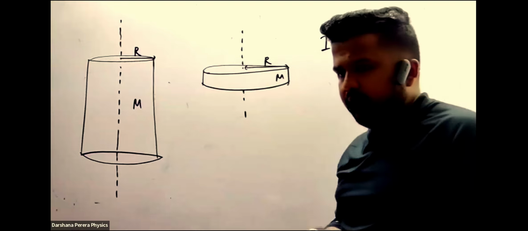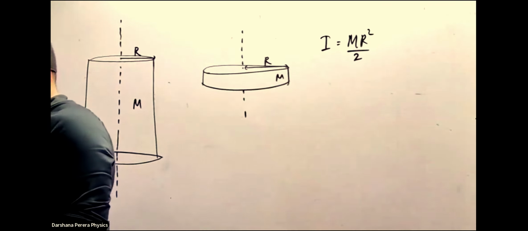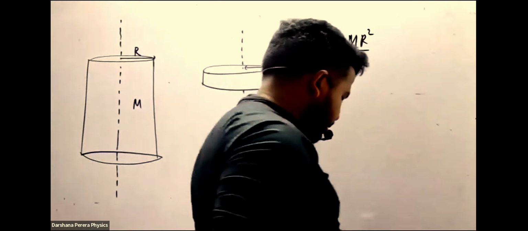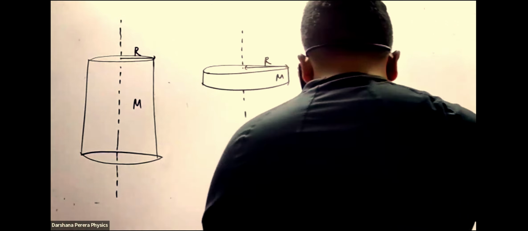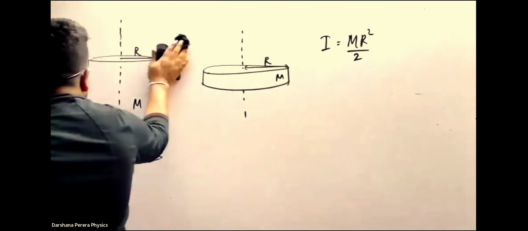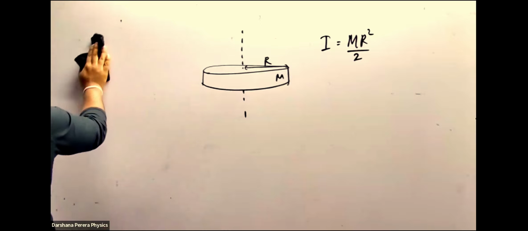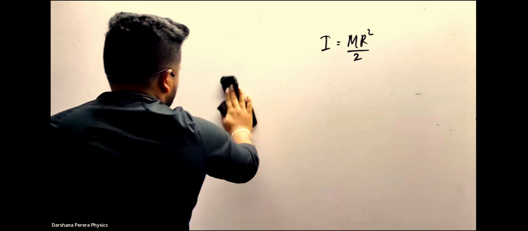Okay, then write down: moment of inertia of a uniform hollow cylinder or a ring.